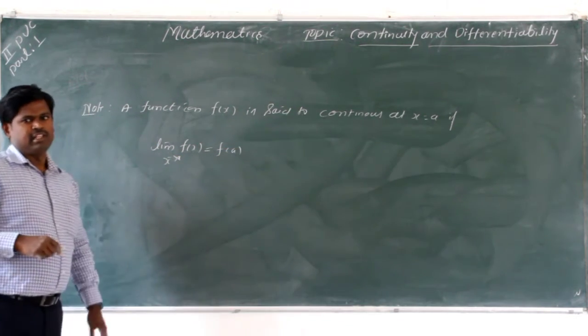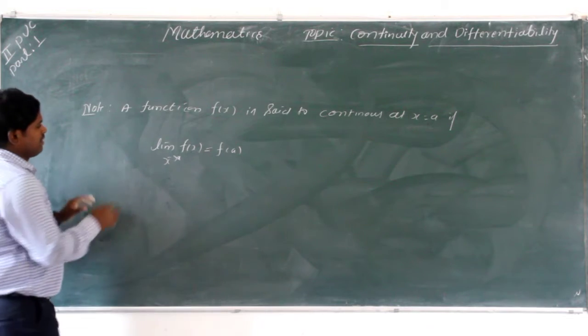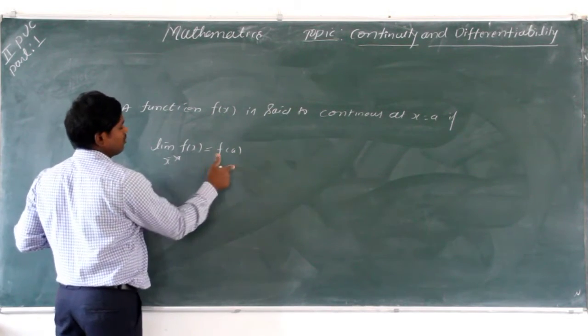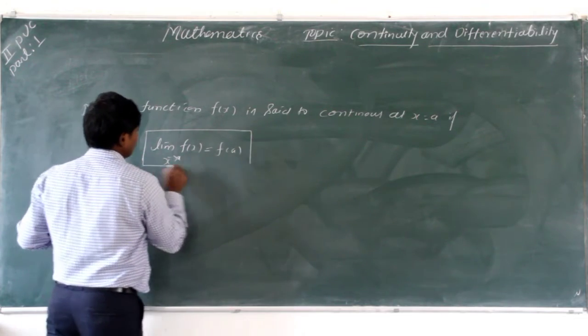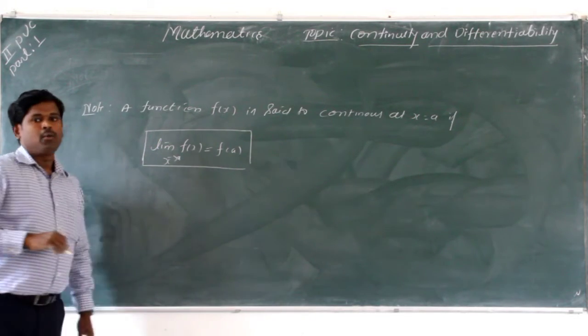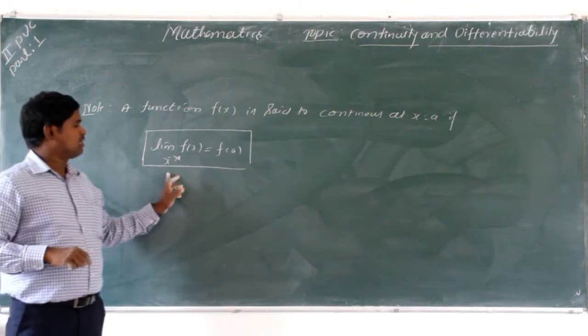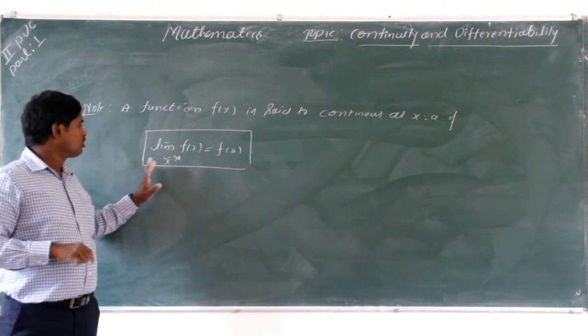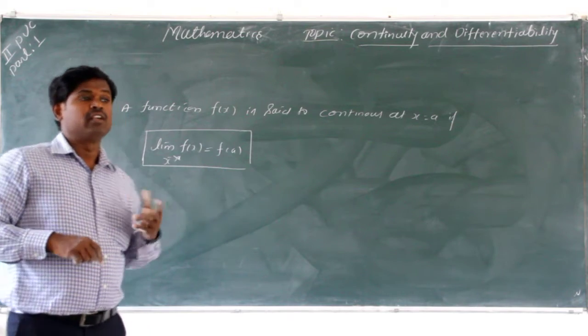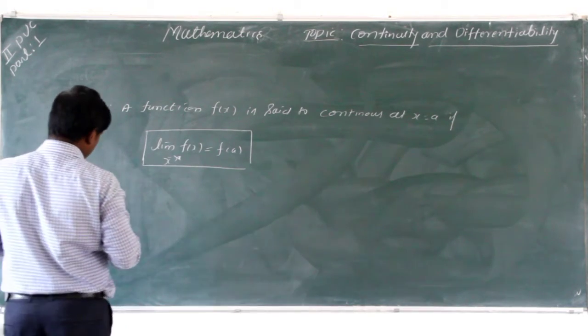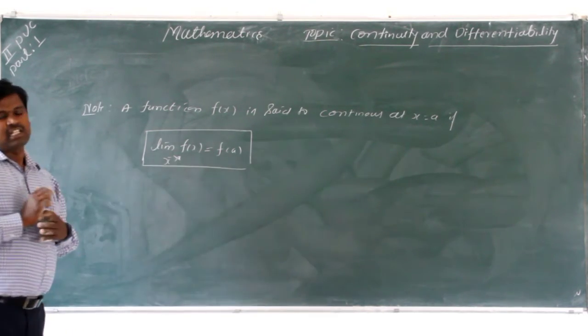This is also the same meaning: left hand limit is equal to right hand limit is equal to the value of the function. Sometimes we just find the limit of the function and the value of the function. If both are the same, then also the given function is continuous.